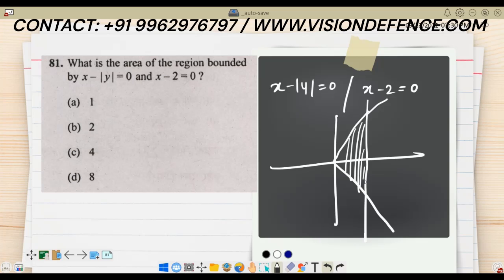You can easily solve it by the base into height method. So this is going to be our height. This is going to be our base. So this line is x equal to y. So this is going to be 2 comma 2 because x equal to 2. This is also going to be 2 comma minus 2. The distance between here is 4, right? This is 2 units, this is 2 units, so 4. The height here is going to be again 2. So half into 4 into 2, just 4. So C is our answer.